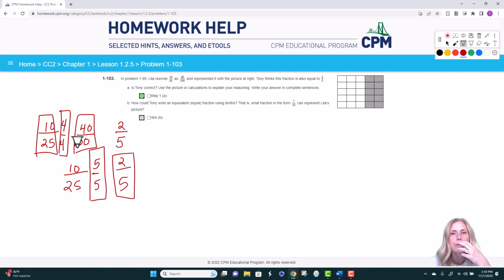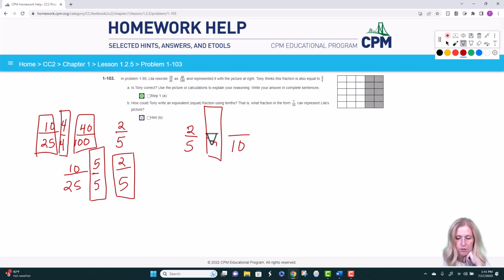Okay, let's see, B, how could Tony write an equivalent fraction using tenths? That is, what fraction in the form out of tenths can represent Lila's picture? Okay, let's go back to this again. Let's use 2/5, but now we want an equivalent fraction that has a denominator out of 10.